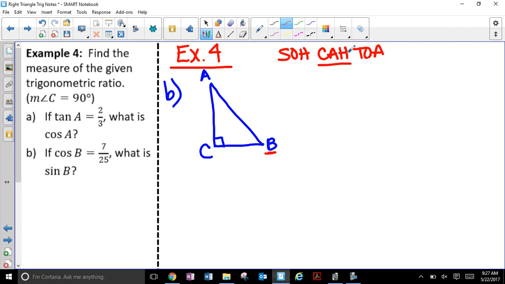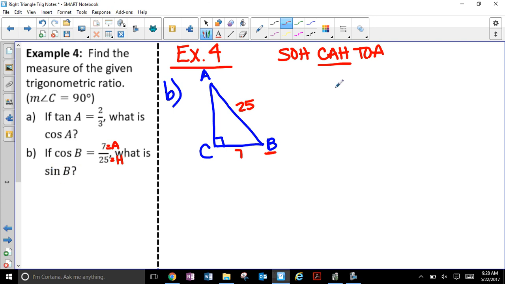So that means this number is the adjacent leg, this number is the hypotenuse. The cosine is A over H, so this one is A over H. 7 is the A, 25 is the H. So for B here, the adjacent leg is there, so I put 7 here, and the hypotenuse is 25, so 25 goes there. Now what we want to find is the sine of angle B.